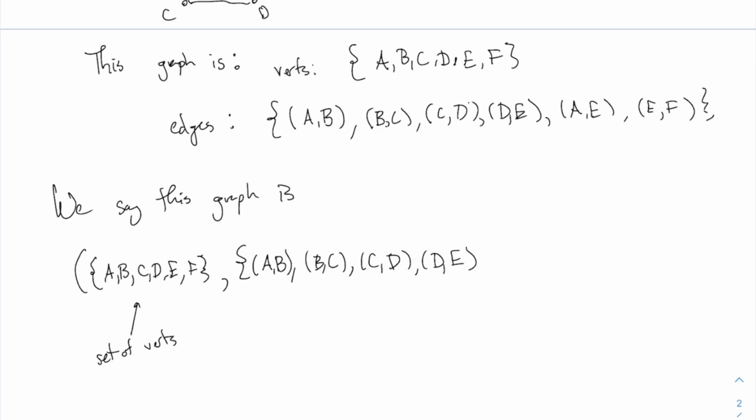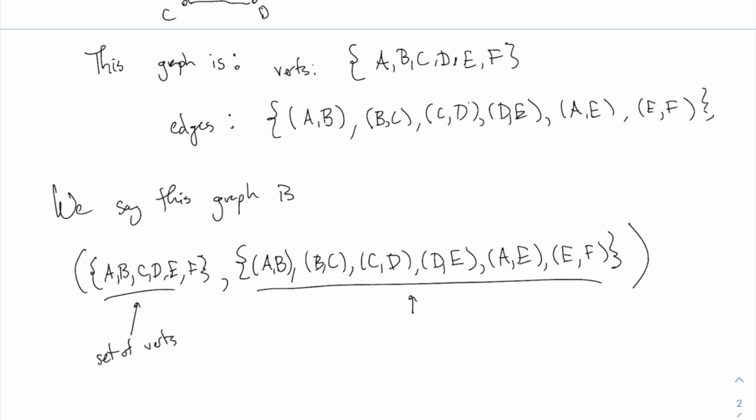And if you want to do this correctly, you better have all the brackets in there. Like that, all right? That's the set of vertices, and then this over here is the set of edges. And those two things together define the graph. All right?